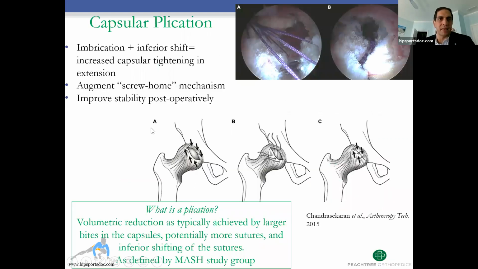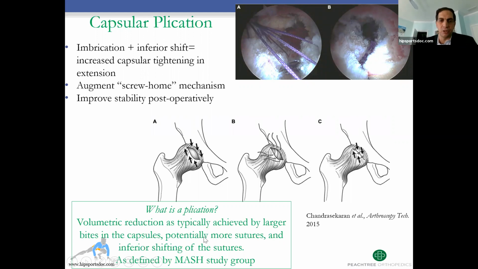So capsular plication is essentially, as opposed to repair, where it's just a simple closure, the plication is designed to create a volumetric reduction. This is the definition that our study group has used to publish. And the volumetric reduction is achieved by larger bites in the capsule, potentially more sutures.